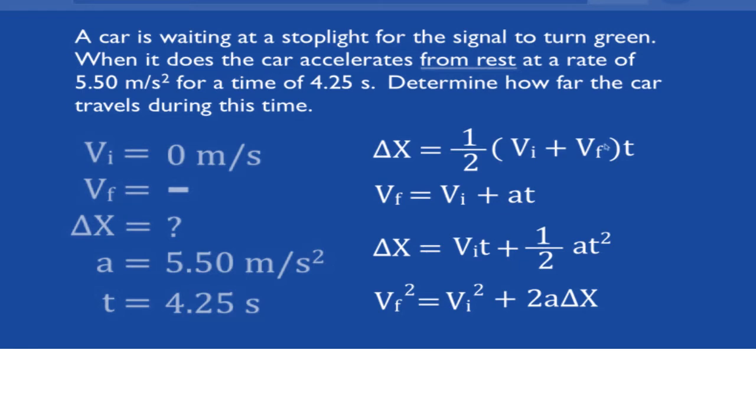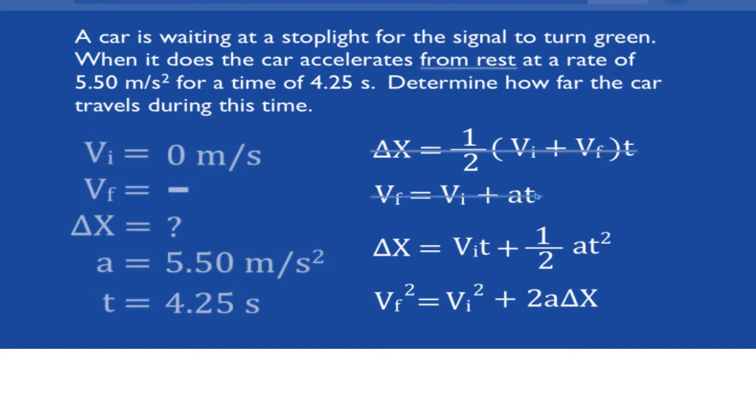Well, the other things the equation has in it are the other three variables that we have been given. So let's see, do we know the initial velocity? We do. Do we know the final velocity? We don't know the final velocity, therefore we can't use this equation. Let's look at the next equation. We are solving for the change in position, so it has to have the change in position.